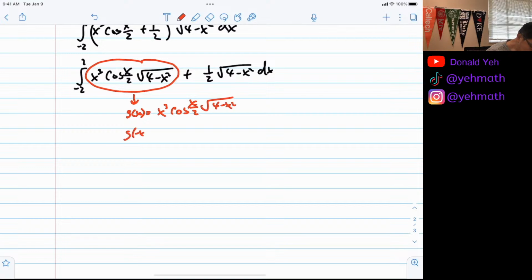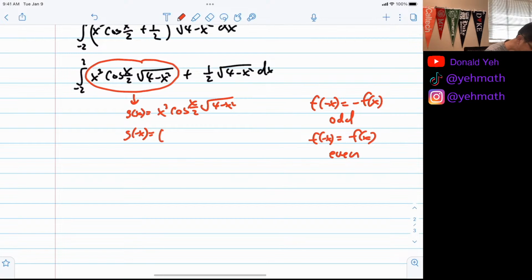I'm going to plug in negative x and see if we go back to the negative. If f of negative x equals negative f of x, it's odd. If f of negative x equals positive f of x, it's even.